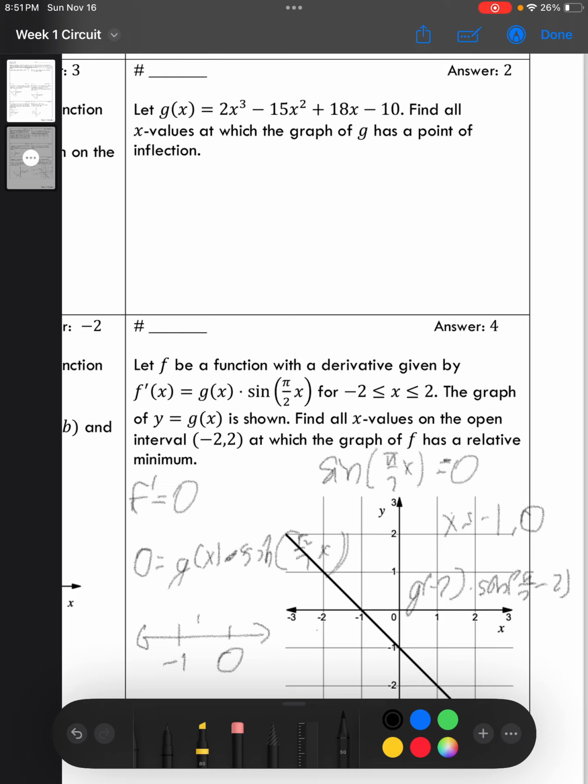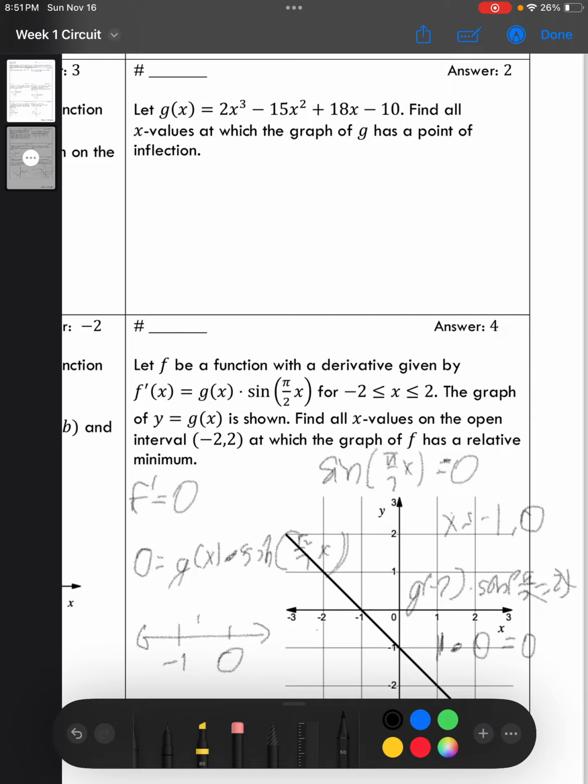G of -2 we're given is 1 times sine of pi by 2 multiplied by -2, these cancel out, so negative pi. So what's the sine of negative pi? That's just 0.